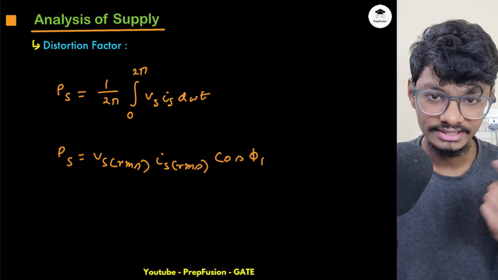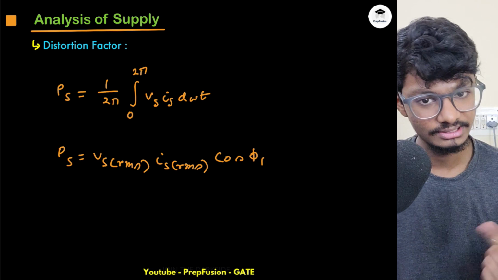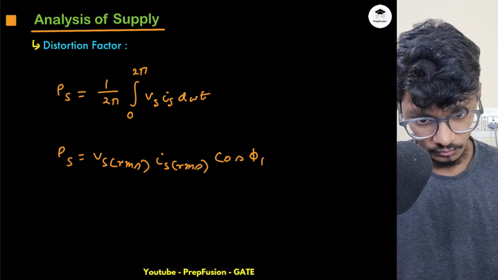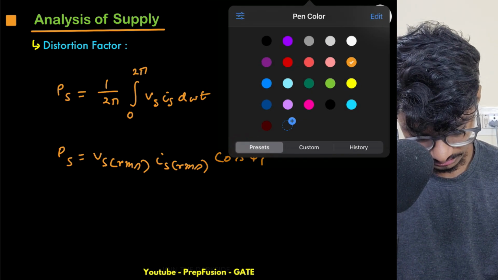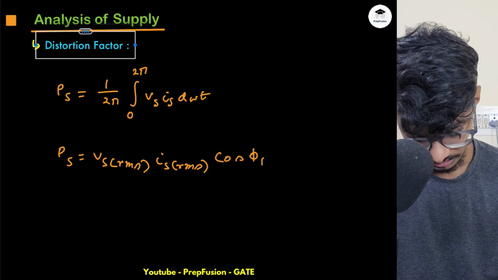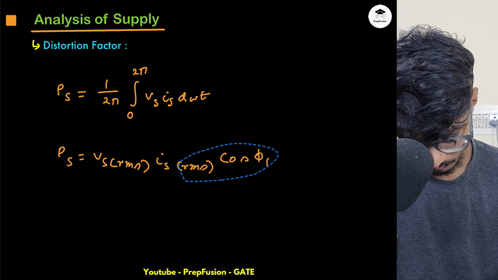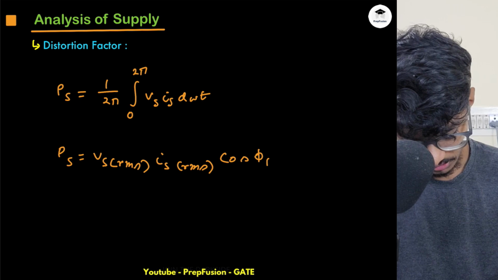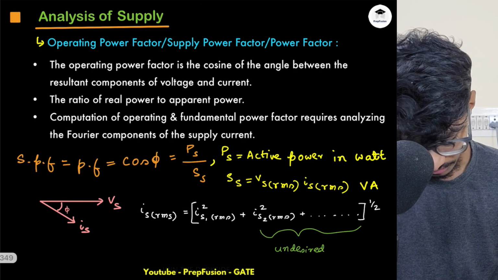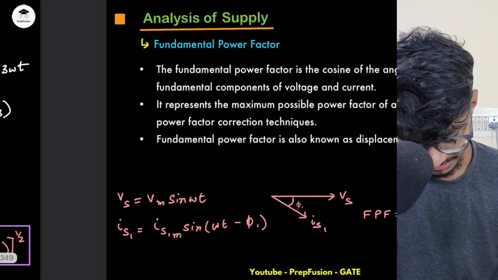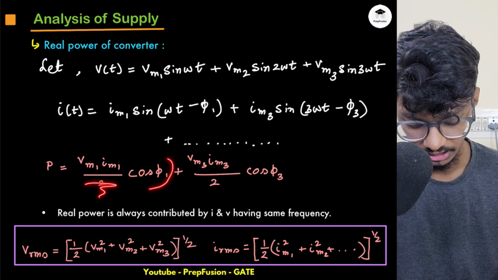Now what is cos phi? We can write this in a different manner as well. Sorry, this will be IS1 RMS. This is my active power that I have just computed here. You can compute for yourself. This will be just the power, basically VS1 IS1 RMS into cos phi 1.